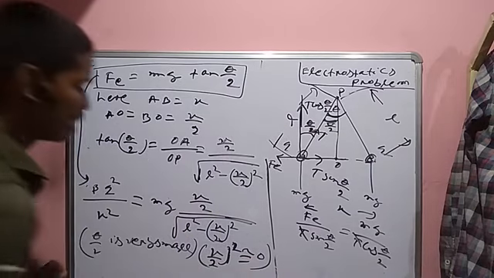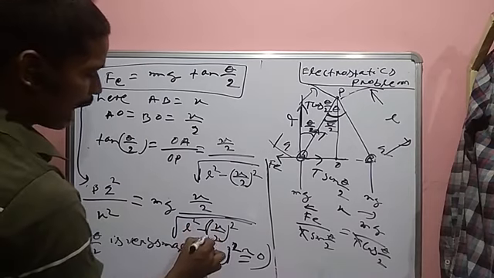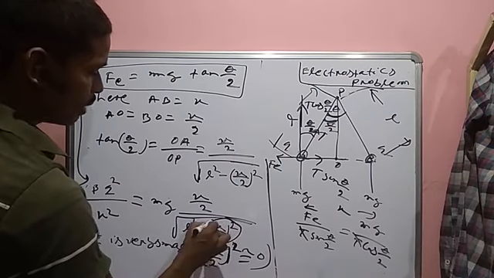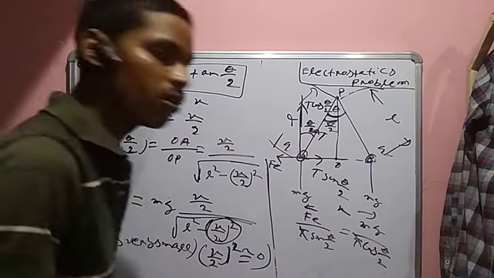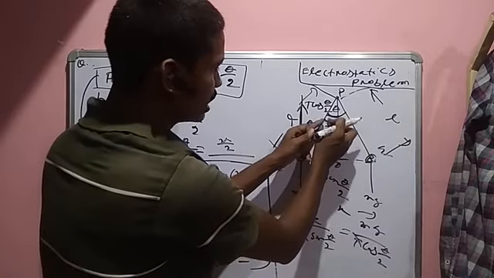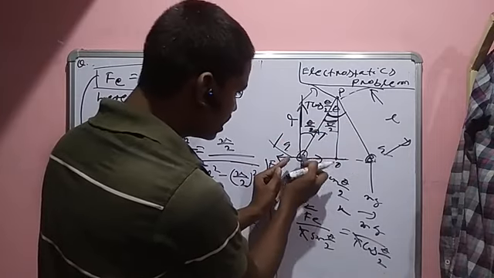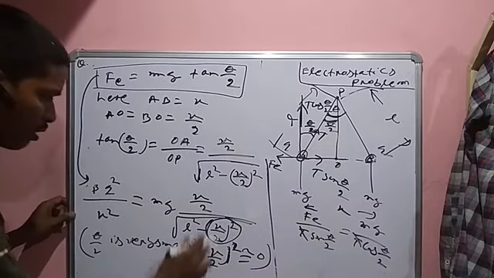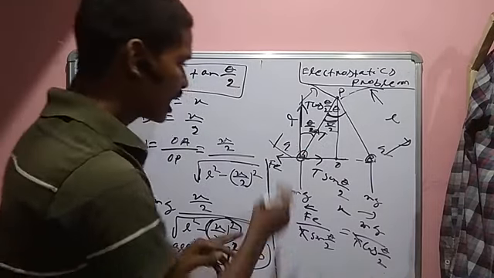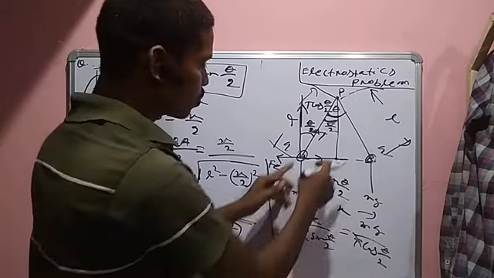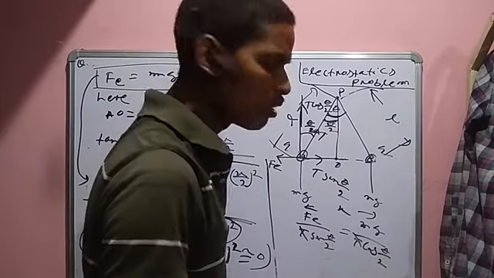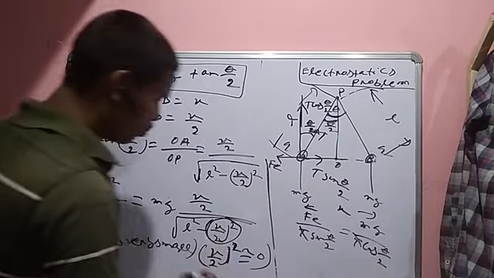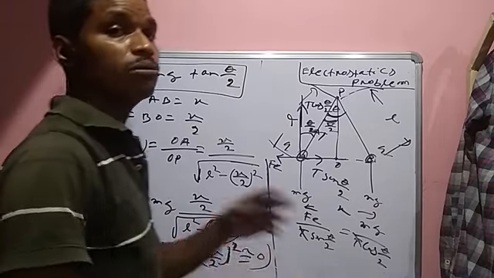That means OA is very small. X by 2 square means OA square. OA square is very, very small. So therefore x by 2 square is negligible to 0.